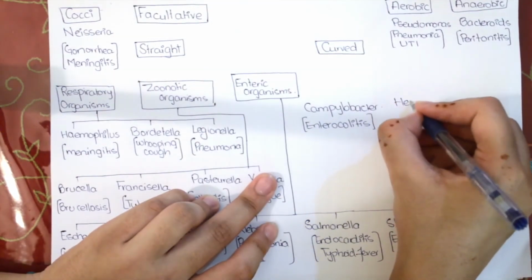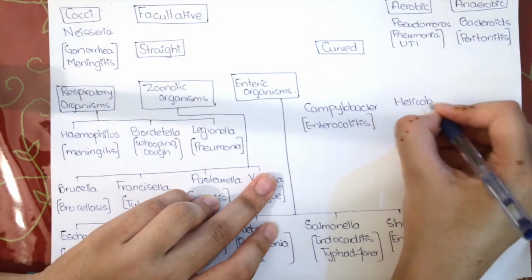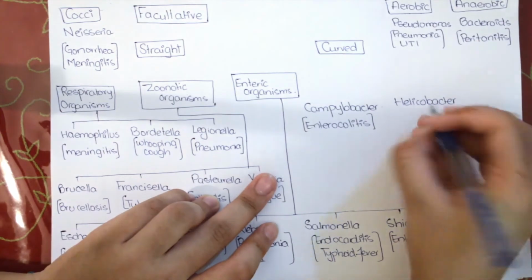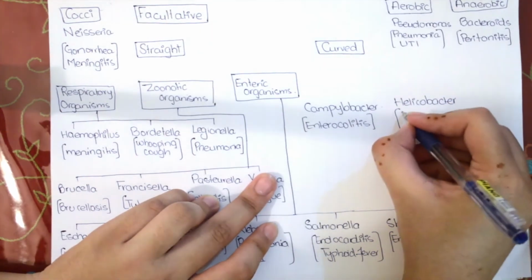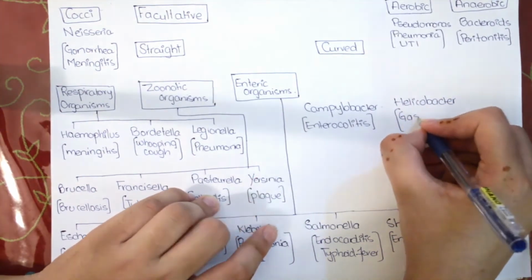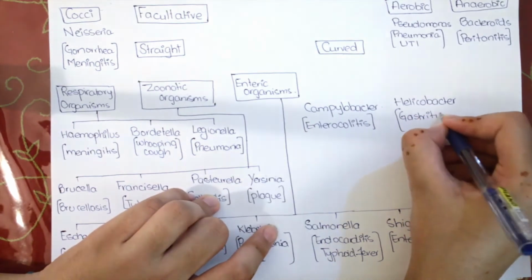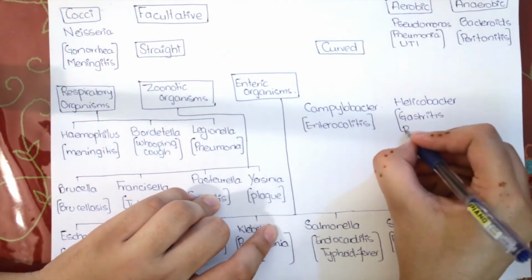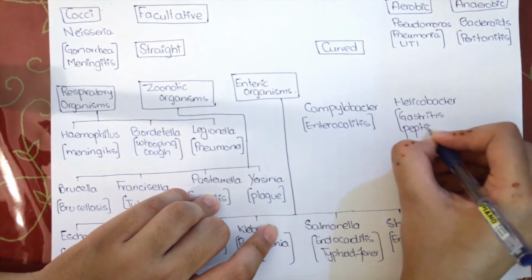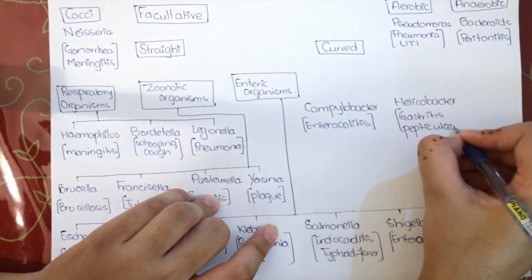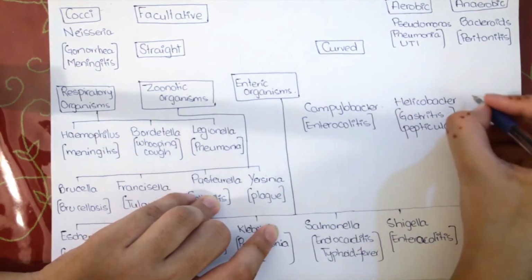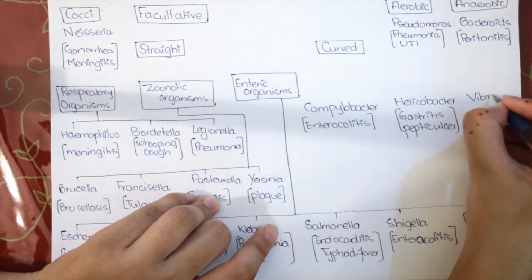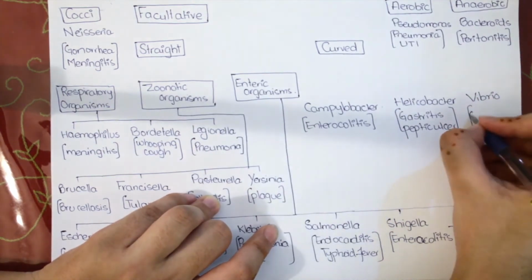Then there is Helicobacter, which causes gastritis and peptic ulcer. And then we have Vibrio, which causes cholera.